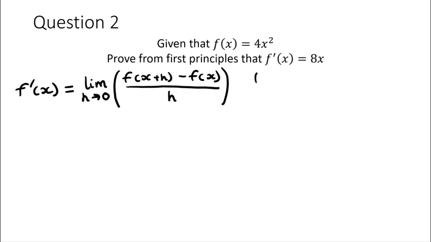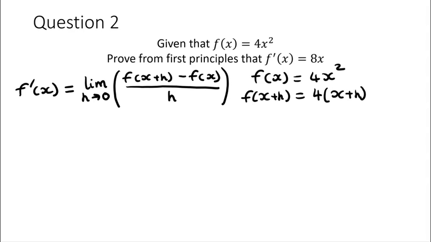Okay, so f of x is 4x squared. So f of x plus h, well, where I see x, I now replace it with x plus h. Make sure that x plus h is in a bracket, okay?